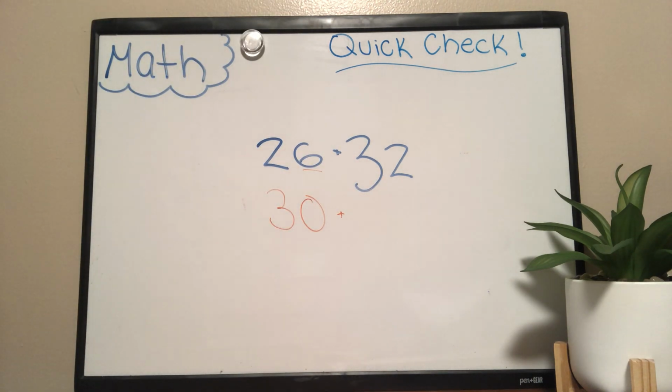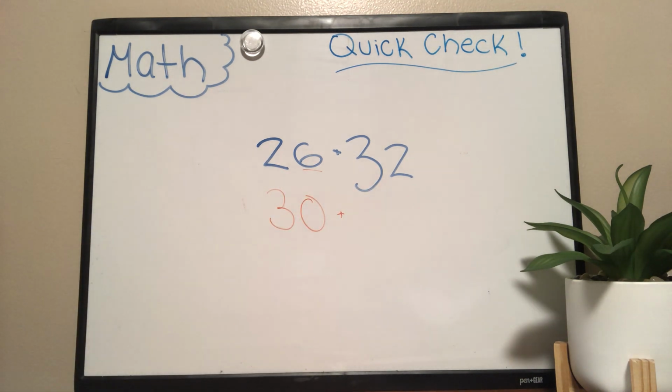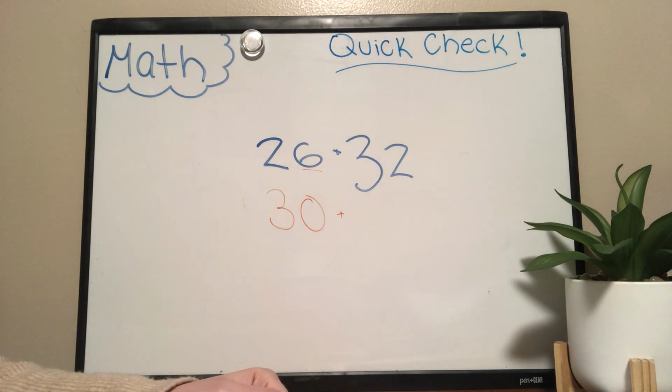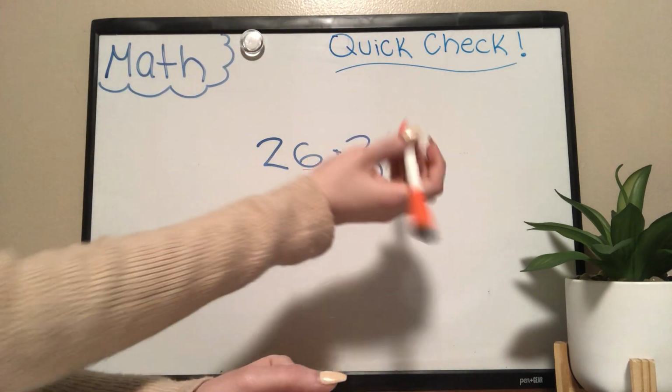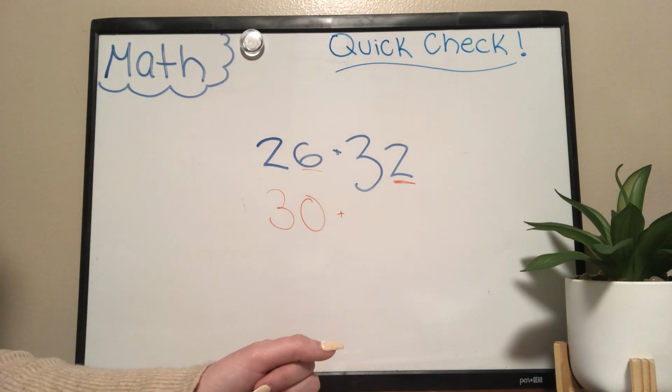Now, what about 32? Which number in 32 is going to tell us where to go? Awesome, amazing job. It's going to be the 2 over here. Is 2 a number that tells us to go up or down?